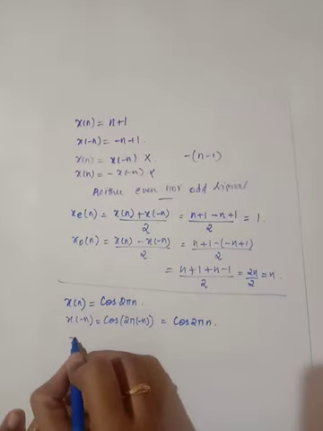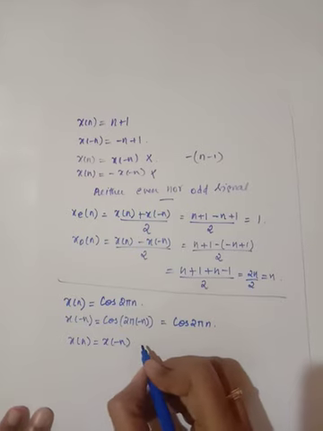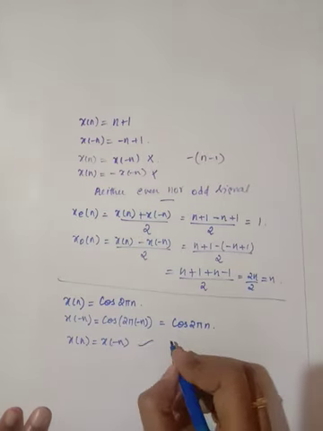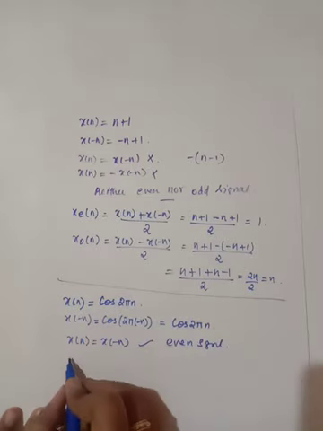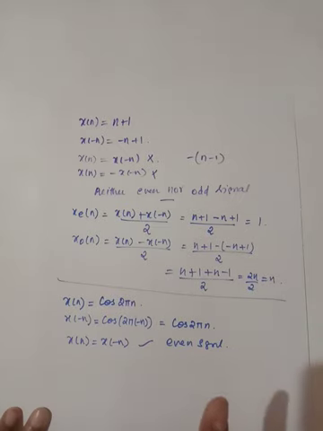Okay, now I am checking whether x of n is equal to x of minus n, right? Yes. So x of n is equal to x of minus n. So it is satisfying the condition. So it is an even signal. Okay. So the next one is, there is no need to check the odd condition, because it will be either even or odd. If both are not satisfied, it is neither an even nor an odd signal.